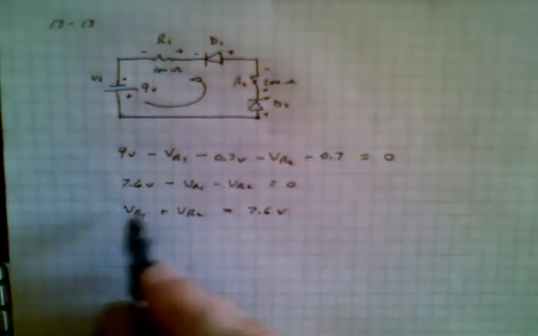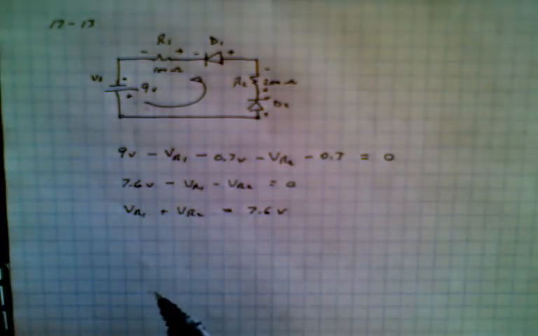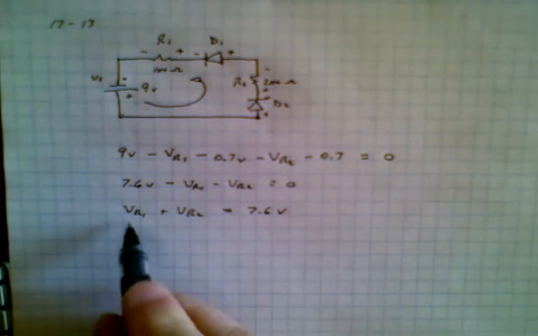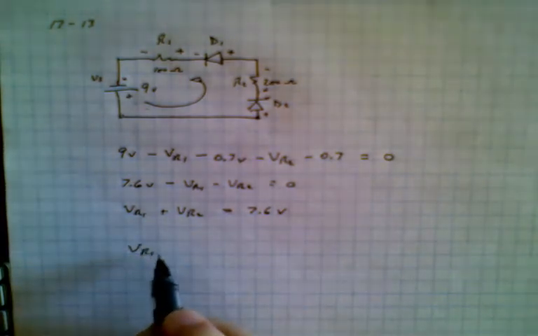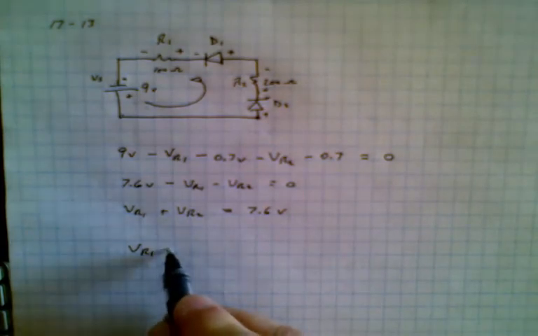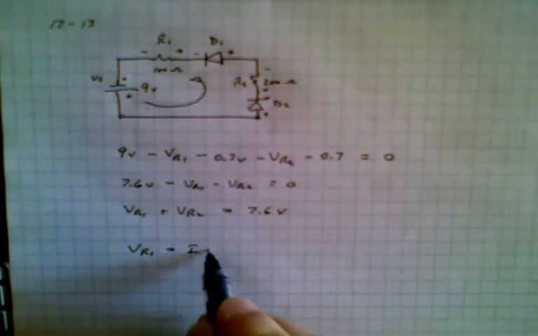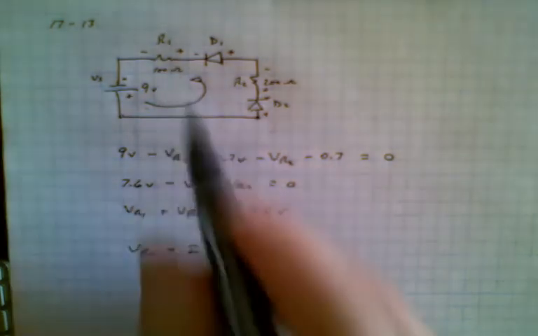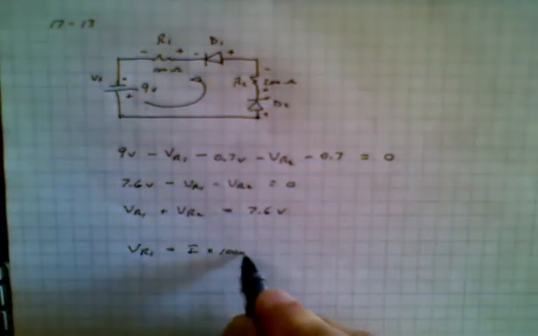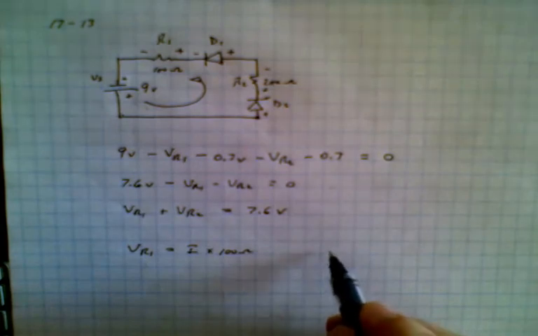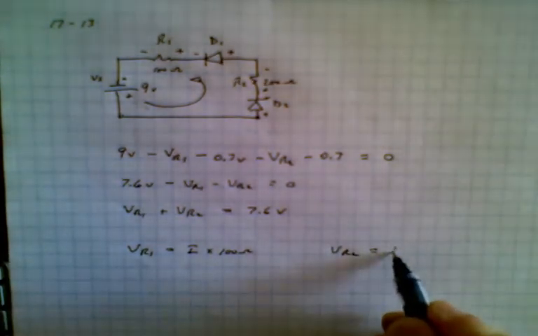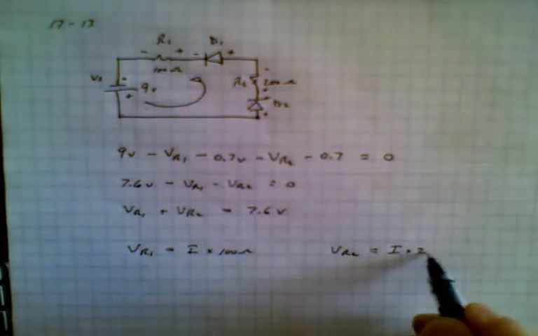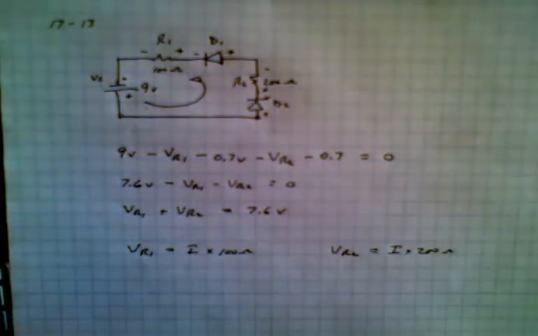Now the voltage across R1 is simply, using Ohm's law, the current in the circuit times the resistance. So we can write the voltage on R1 as the current, which we don't know, times the resistance, which is 100 ohms. And we can write the voltage across R2 as I1 times its resistance, 200 ohms.